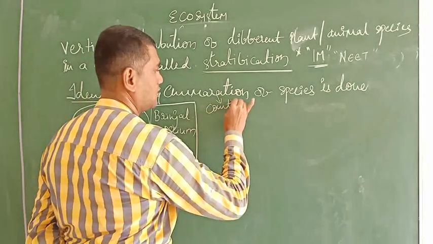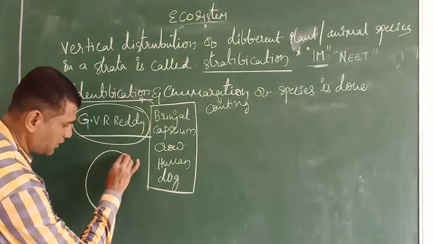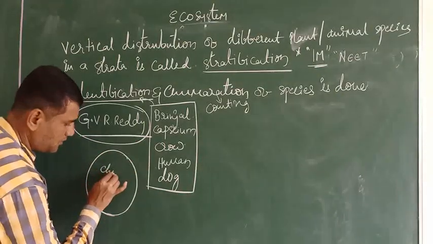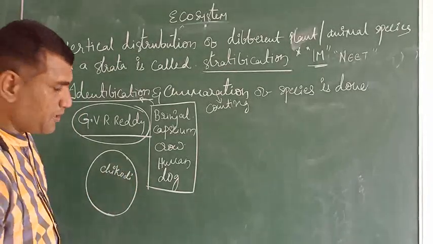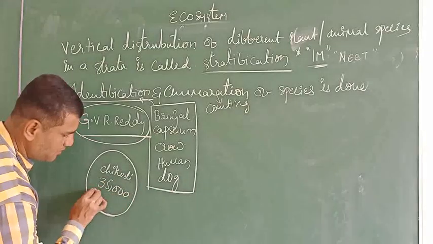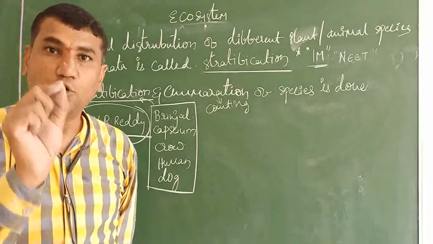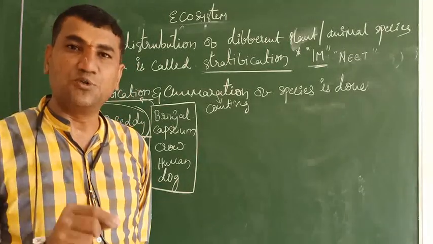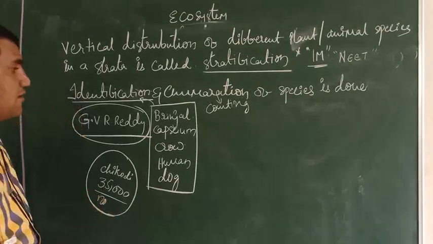Enumeration is counting. If we take Chickodi, the population is approximately 35,000, meaning 35,000 humans are present. This indicates number.